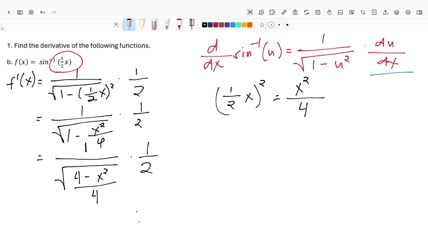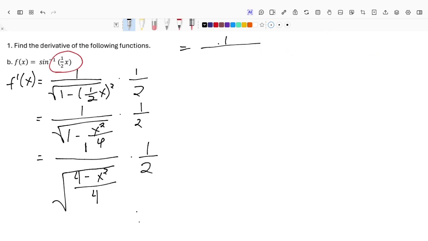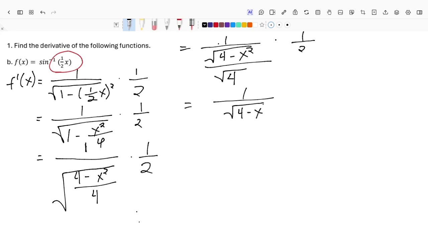Let's simplify the denominator further. We have 4 minus x squared over 4. We can distribute the radical sign to the numerator and denominator. To further simplify this, we will get square root of 4 minus x squared over the square root of 4, which is 2.